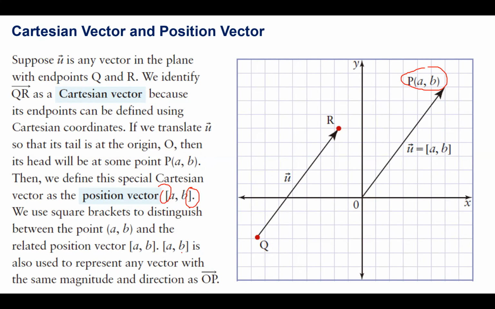So the position vector [A, B] is also used to represent any vector with the same magnitude and direction as OP. Okay, so basically this is to say here in this diagram, vector QR and vector OP are equivalent. But vector OP is the position vector of both of the two vectors.